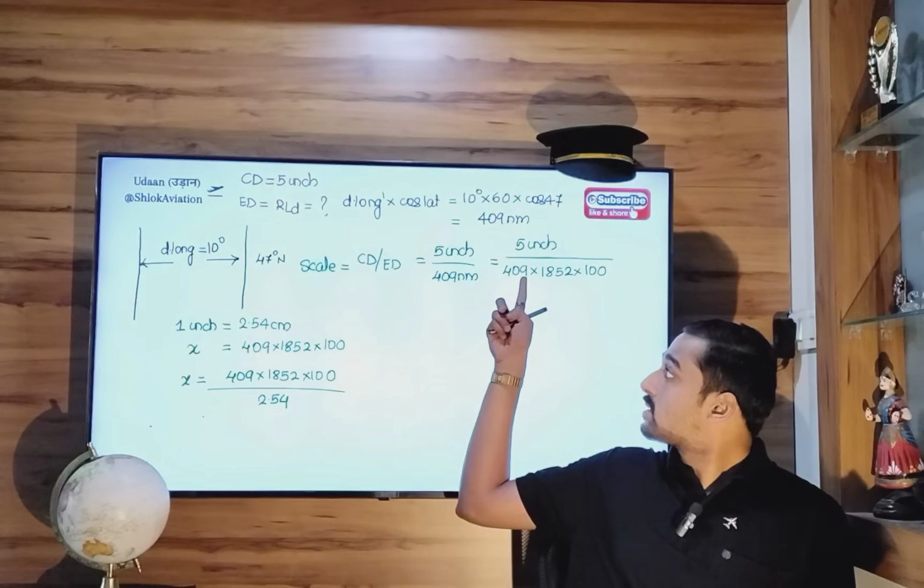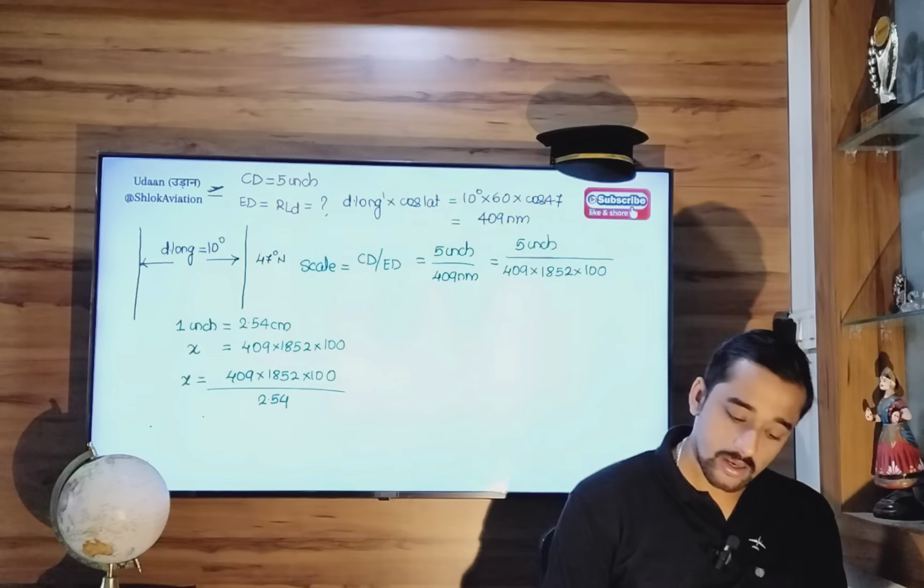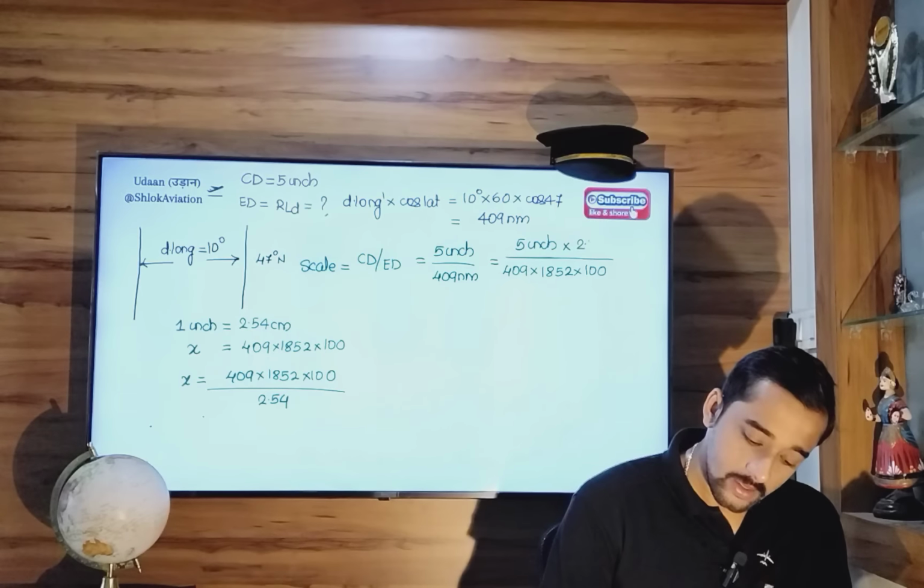So this divided by 2.54. So 2.54 will go in the numerator. Now the final answer will be in inches.